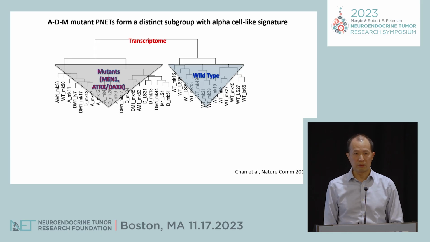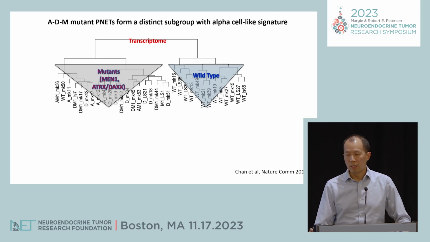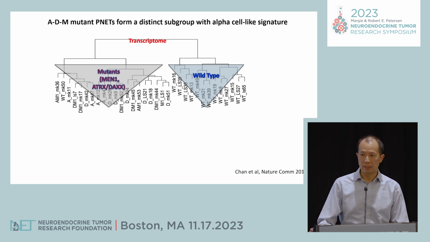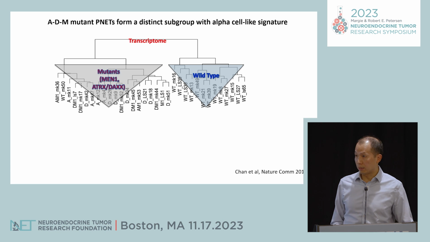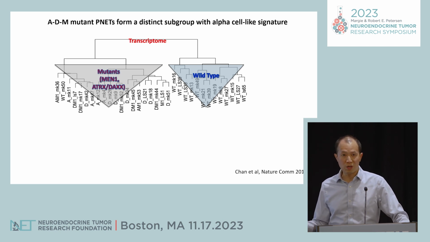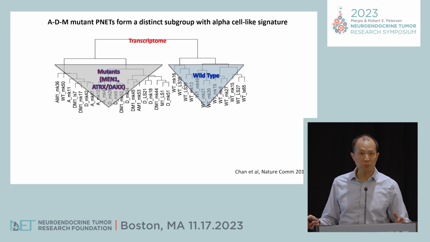In published work from 2018, we showed that when you take RNA sequencing from tumors of PNETs and do an unbiased clustering, what you identify is two very distinct subgroups. What surprised us was that all the tumors with mutations in ATRX, DAXX, or MEN1 lie within one subgroup.